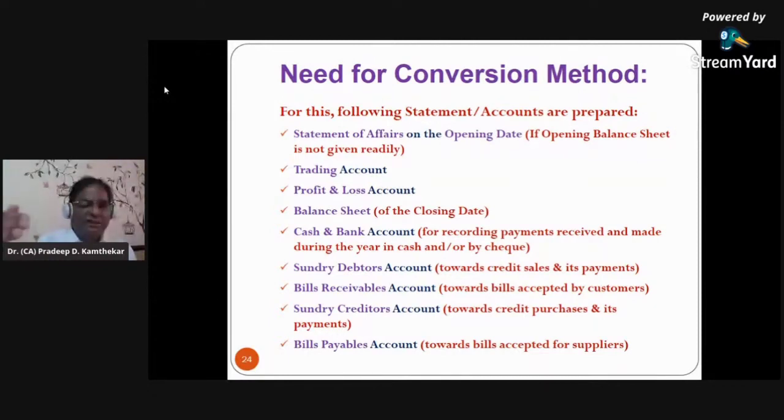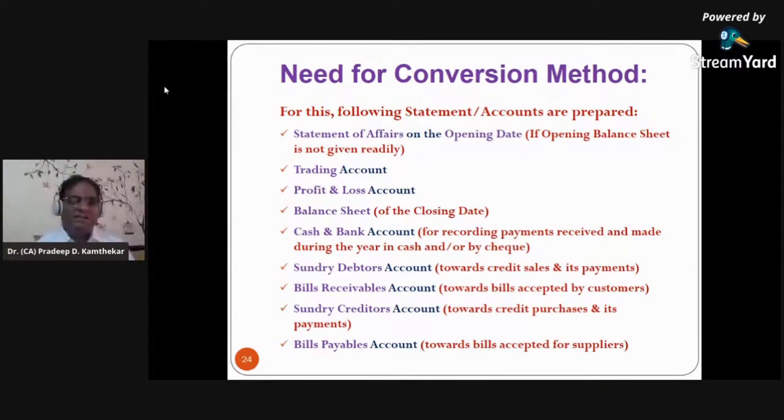So what we have in this conversion method is the statement of affairs on the opening date of the accounting year with assets and liabilities given, and where some amount is there as a missing figure, that we have seen earlier also. Now, we have to prepare the statement of affairs on the opening date only when the opening balance sheet is not given. Because when the opening balance sheet is given, you know the opening assets and opening liabilities of each and everything.